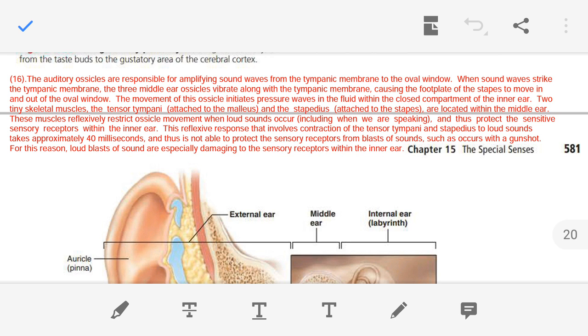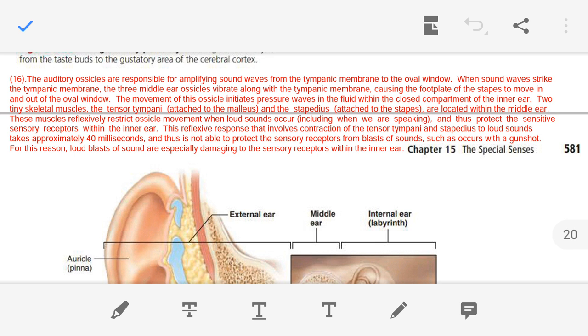One more example I would like to give you. See, many workers are working in industries, and they come across many types of sound while working.